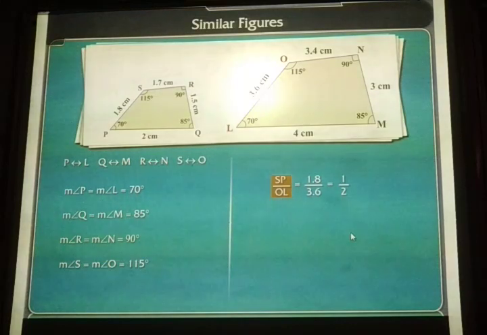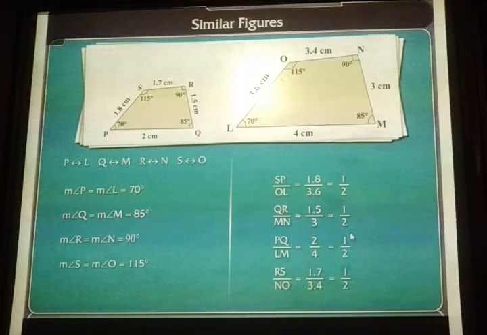SP upon OL is equal to 1.8 upon 3.6, which is equal to 1 upon 2. The ratio of QR and MN is 1.5 upon 3, which is 1 upon 2. The ratio of the remaining two pairs of sides, that is PQ upon LM and RS upon NO, is also 1 upon 2.